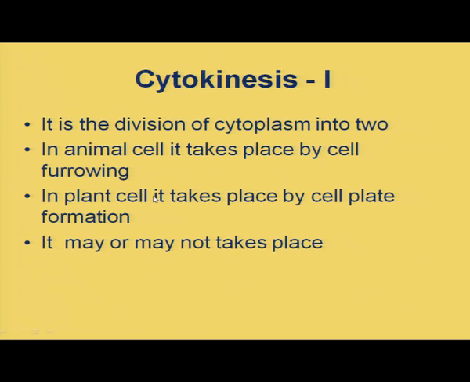And in plant cell, you know what is the method of cytokinesis? Yes, of course, it is by cell plate formation. It may or may not take place. It is not a necessary step. It can happen or it cannot happen also. So, it may or may not take place after this meiosis 1, nuclear division 1.